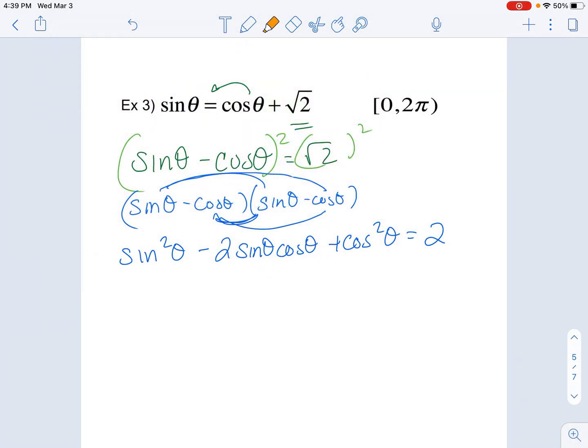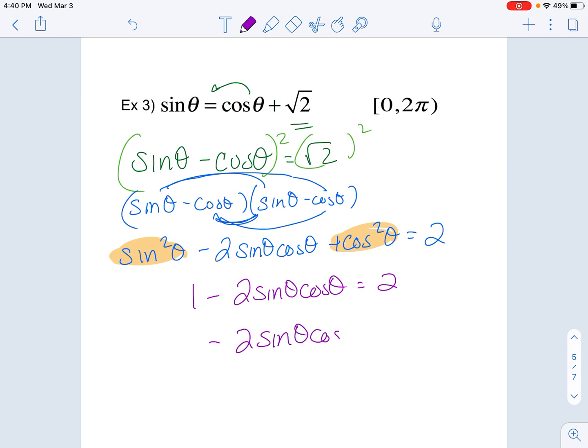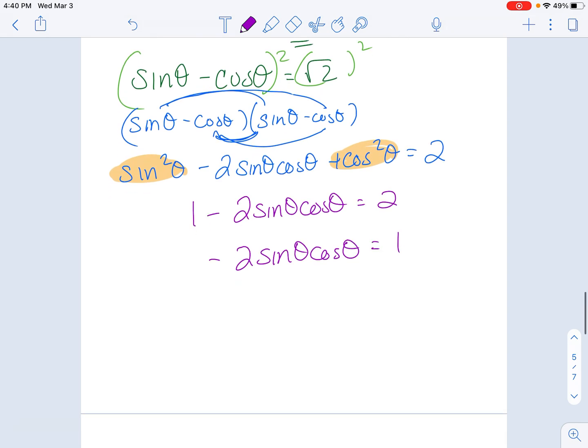So one of the things, hopefully, that you're getting better at seeing is our identities. I've got a sine squared plus cosine squared. We know that that's 1. So now I've got 1 minus 2 sine theta cosine theta equals 2. I can move that 1 over, so I get negative 2 sine theta cosine theta equals 1.